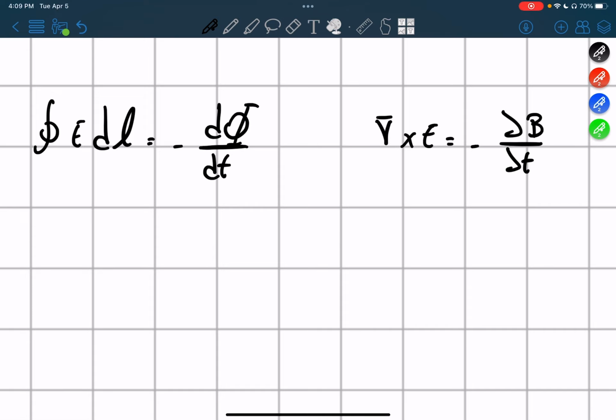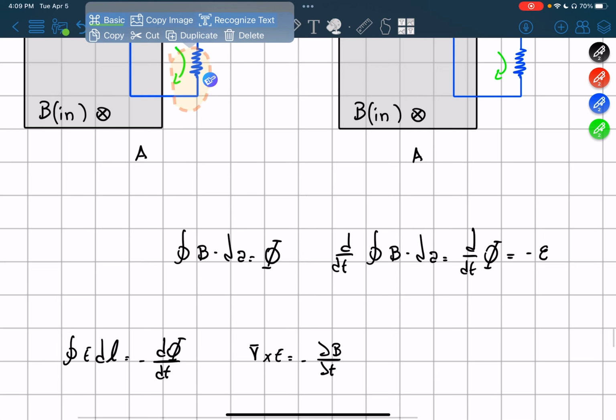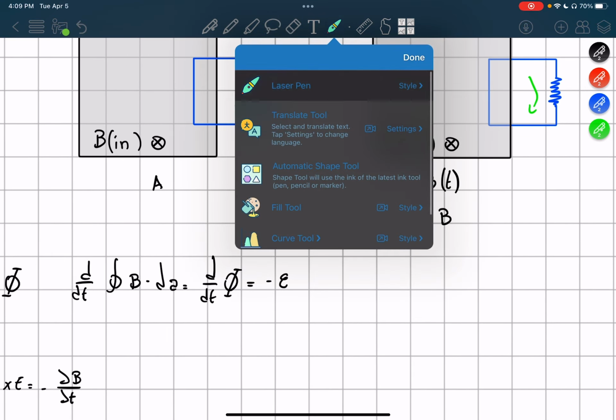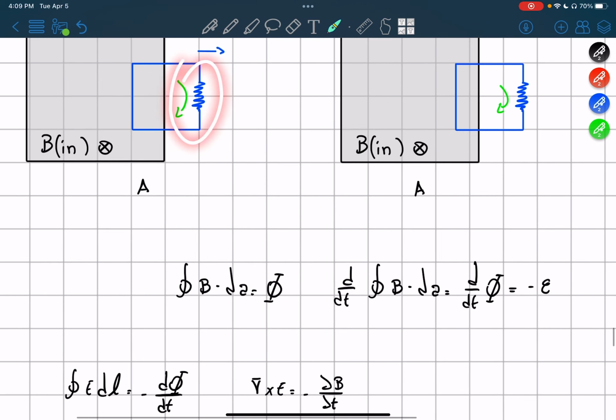So whenever we have a change in the flux, whether it's because we're changing the area or we're changing the magnetic field, as you can see in this formula right here, we're going to have a change in the flux.